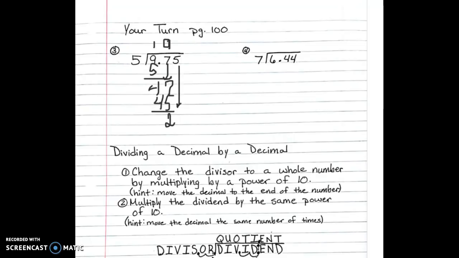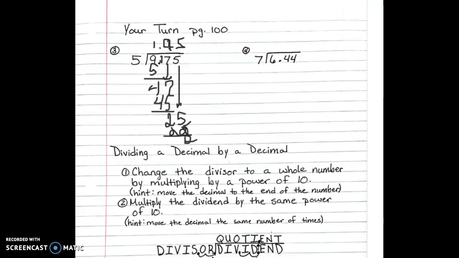Bring down your 5. 5 goes into 25 5 times. 5 times 5 is 25. And you subtract that, you get 0. And then you take your decimal and float it up so that you get 1.95. That should say 1 and 95 hundredths.